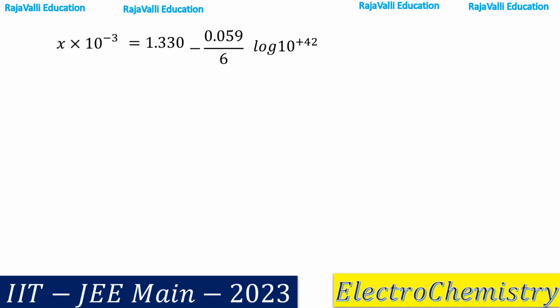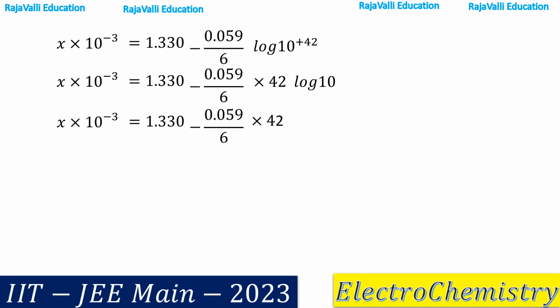So next we have to change this log 10 to the power of 42 into 42 log 10. We know that the log 10 value is 1. So this equation becomes this. So 42 by 6 equals 7.